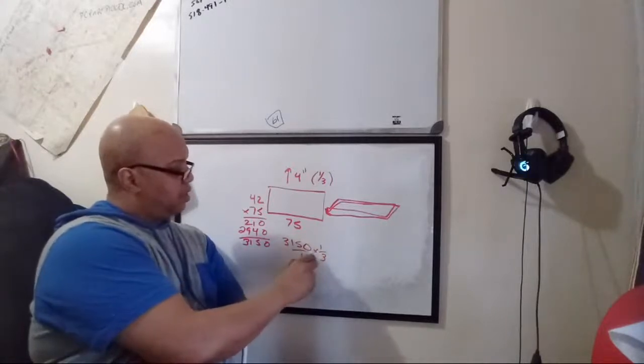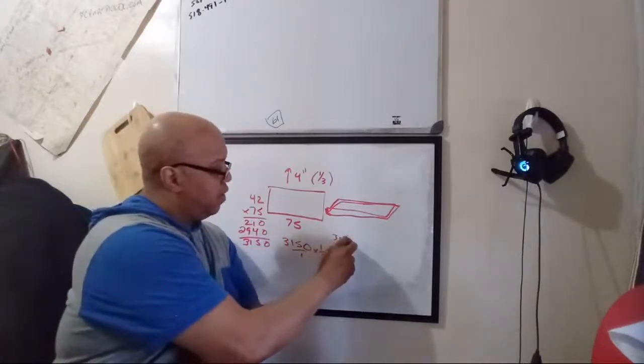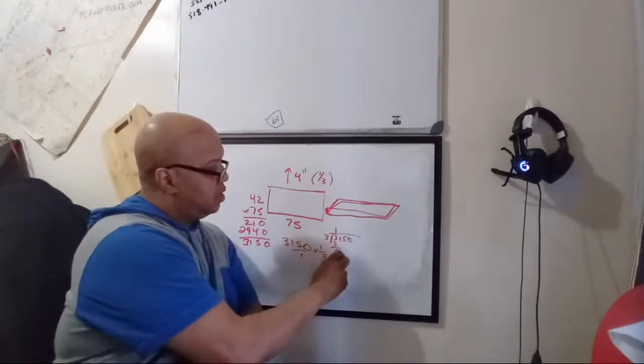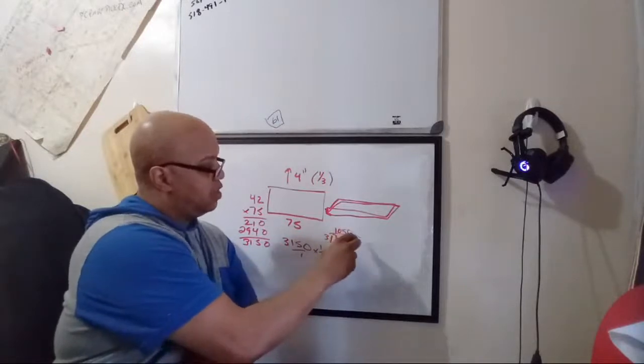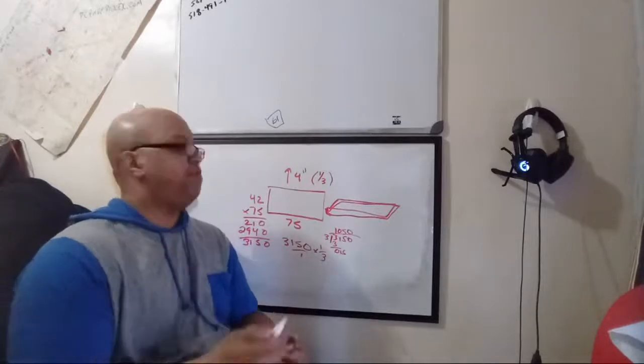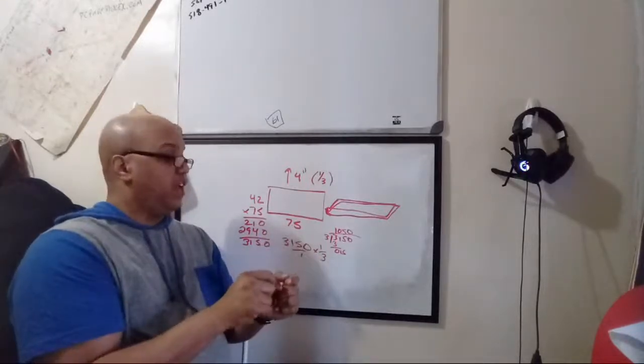It's basically dividing 3150 by 3: 1, 3, 0, carry 1, 5, 0. That's 1,050 cubic feet.